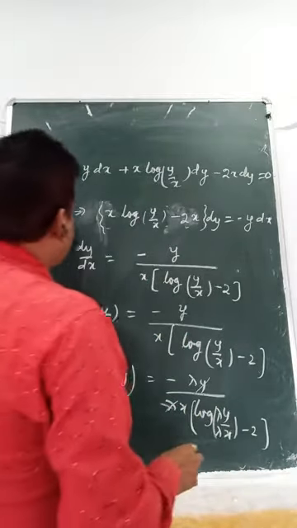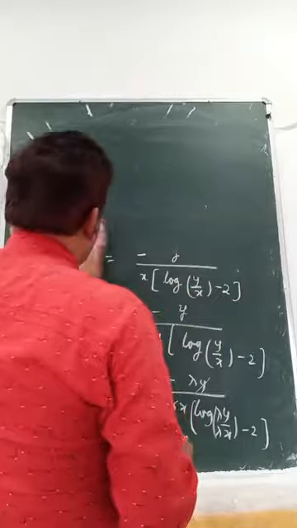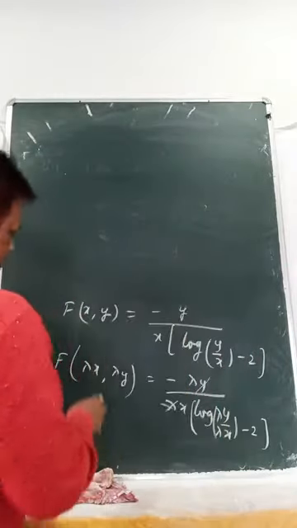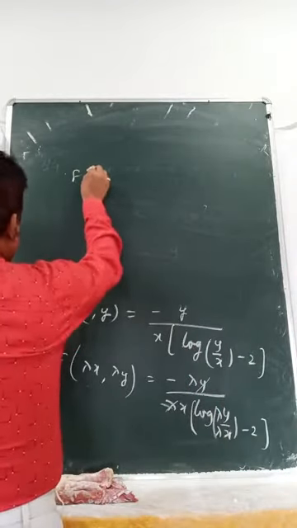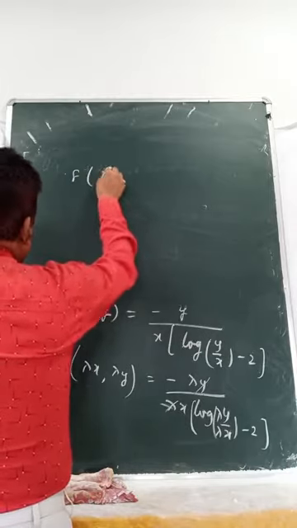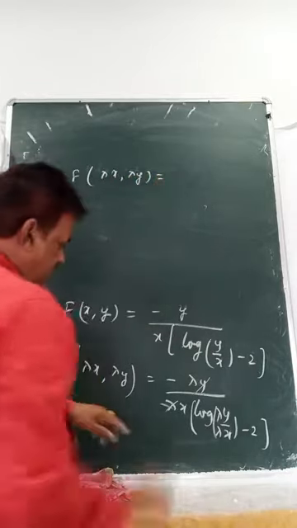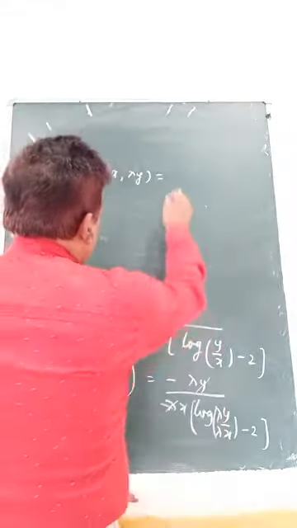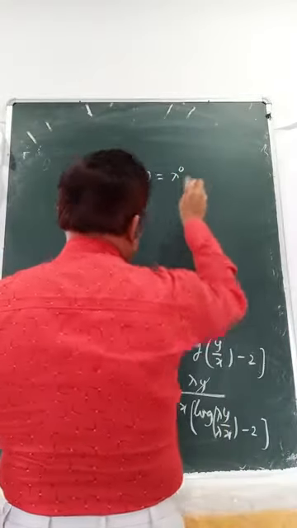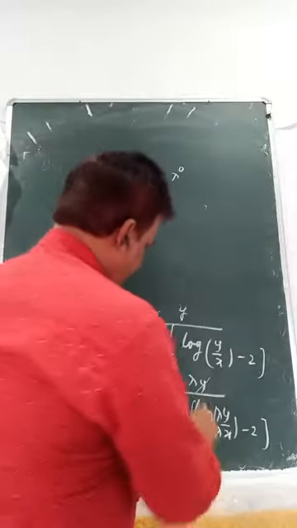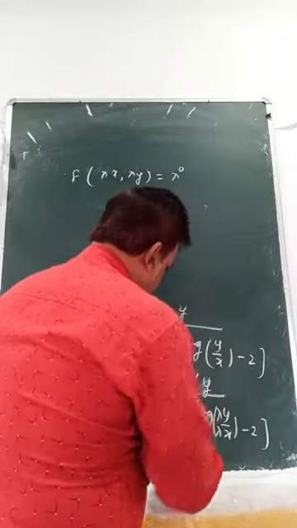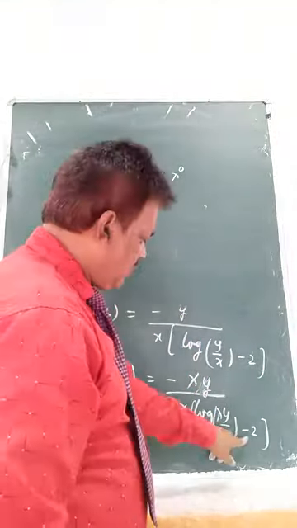So what did you get? You are getting f of lambda x, lambda y equal to lambda to the power 0 times minus y by x. This is your f(x,y).